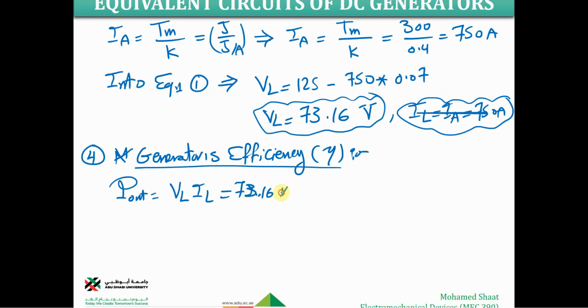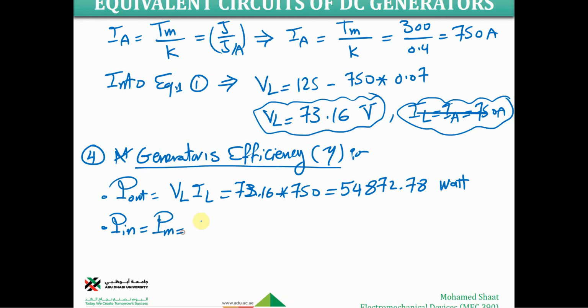73.16 times 750. Doing the calculations, we're going to end up with 54,872.78 watts. And this is the output. The input power is going to be the mechanical power, which is Tm times omega m.